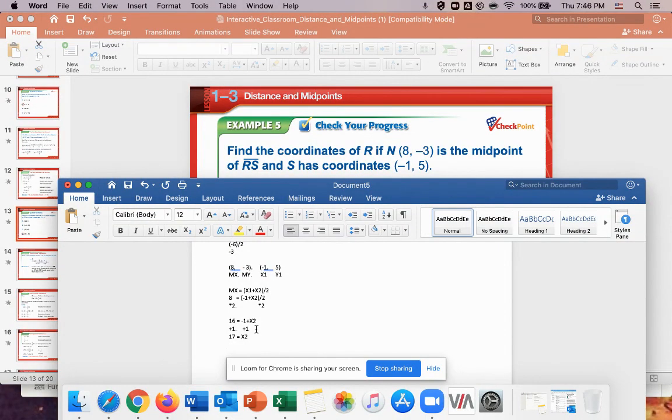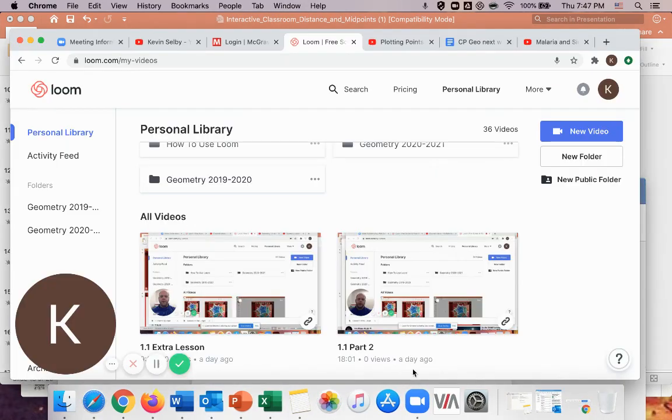Now we want to figure out our my, or we want to figure out our y2. So my equals y1 plus y2 divided by 2.